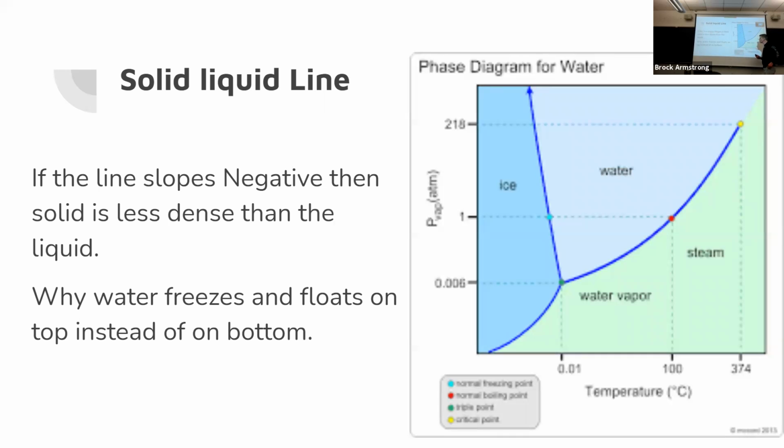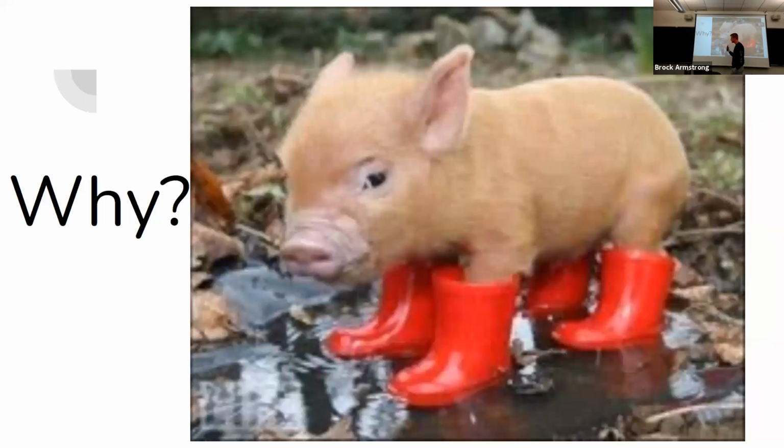So we can conclude that ice would float on water because this line shows that it's less dense, and that is pretty dandy to learn from just a simple diagram and looking at whether it has a positive or negative slope.